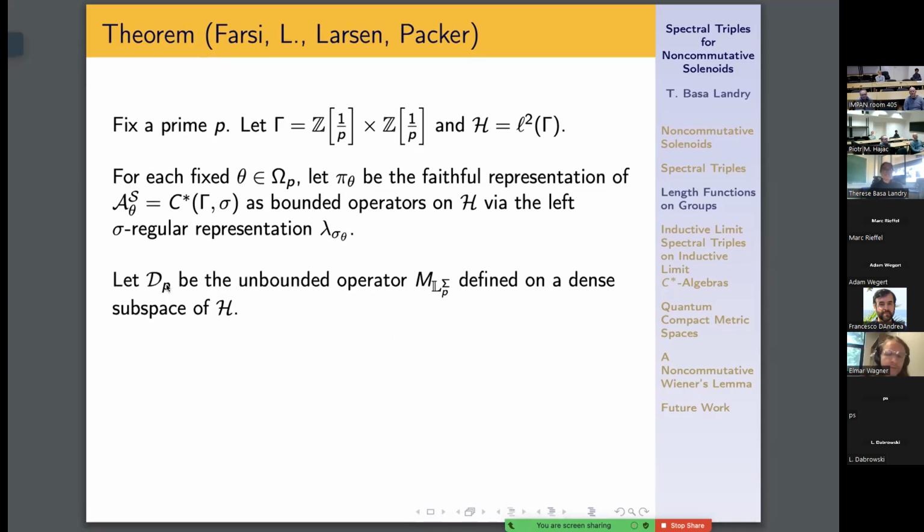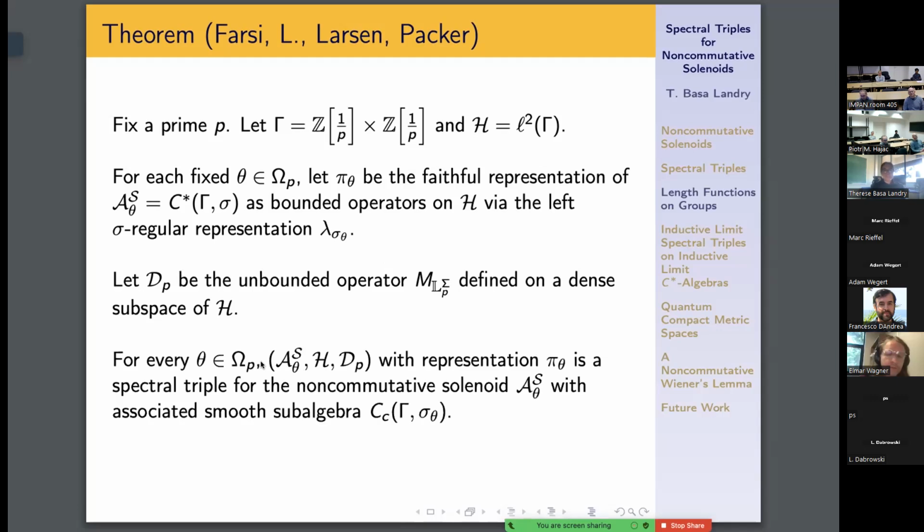For the Dirac operator, take pointwise multiplication by the length function. Then this choice, the non-commutative solenoid with this choice of Hilbert space, Dirac operator and representation, is a spectral triple with associated smooth subalgebra the continuous functions of compact support on the twisted group. Furthermore, this spectral triple happens to also be finitely summable.